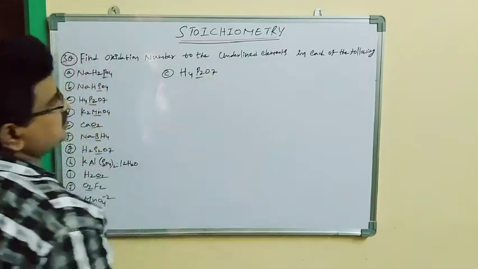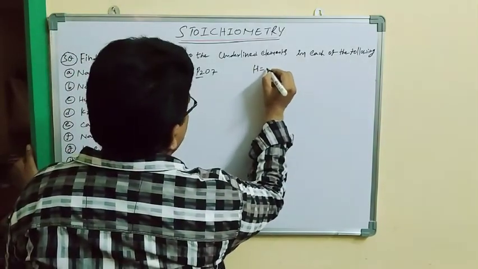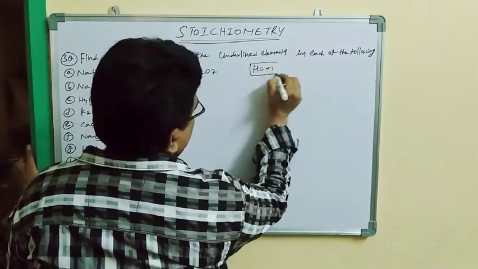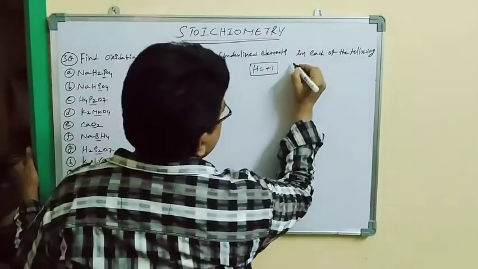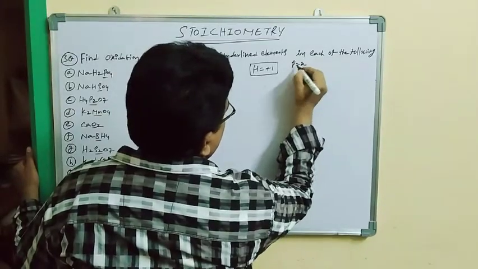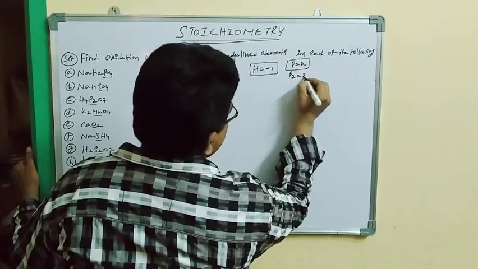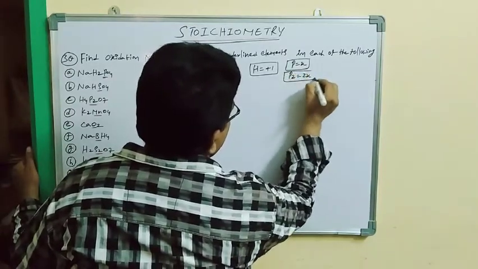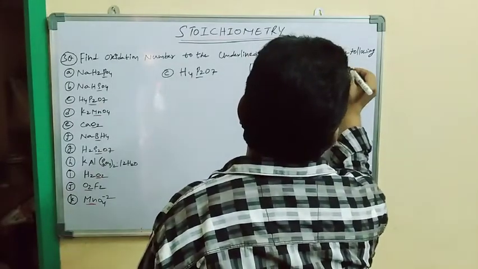Here the underlying element is phosphorus. Hydrogen charge is plus 1. Phosphorus is X, and since it is given as P2, we take 2X. Oxygen charge is minus 2.